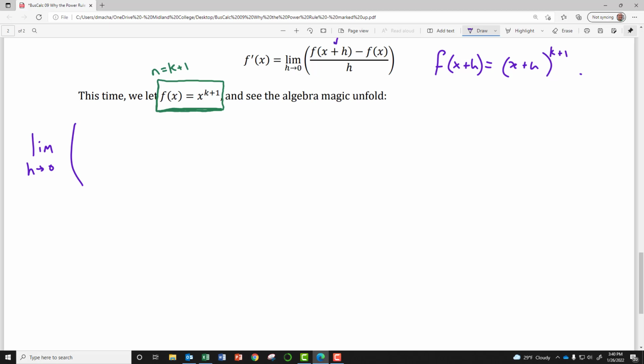That's useful here in the definition of the derivative. So starting off in the numerator, I have x plus h to the power k plus 1. And then I have minus f of x, so I'll do minus x to the power k plus 1. And then, of course, divided by h in my denominator.